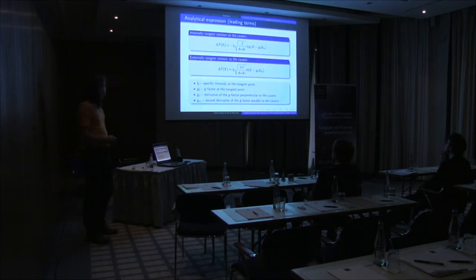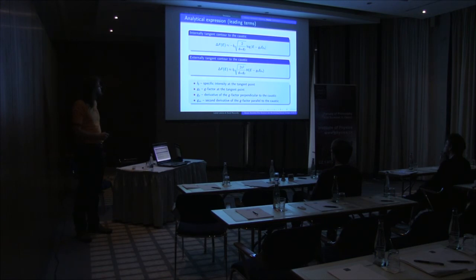We also calculated the asymptotic expansion of the flux contribution from this small area for the internally and externally tangent cases. For the internally tangent case, the spectral shape is the logarithm of the energy minus the observed energy at the origin of the circle.